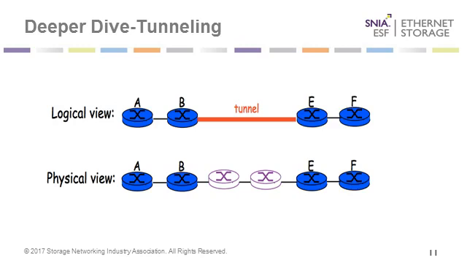The real key here is that in a physical view, the routers or devices that might live in between B and E don't see anything but the encapsulated header. They don't see the original frame. They don't see anything. What they're focused on is forwarding based on what the outside header has, which is the encapsulated part.